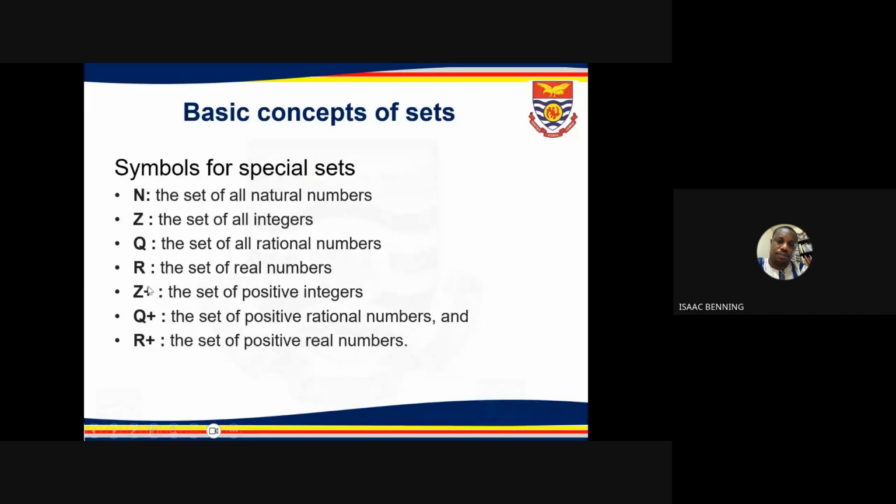The same when you see minus there, it means the set of negative integers. And Q, when you see a plus sign there, it means the set of positive rational numbers. And R, when you see a plus sign with it, it means the set of positive real numbers. So sometimes we only use the symbols to represent the description of the set that we are talking about.